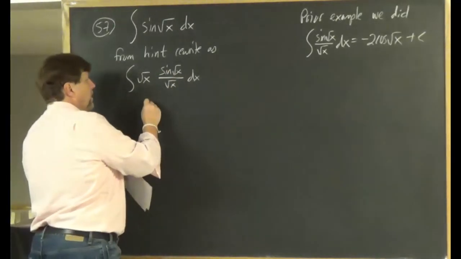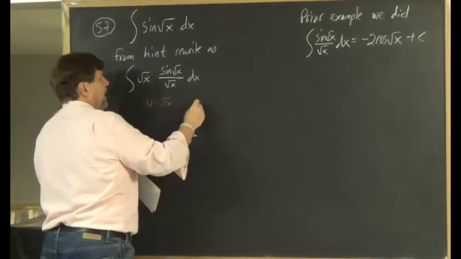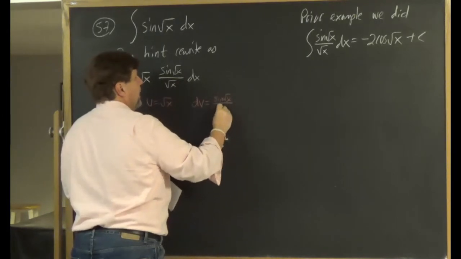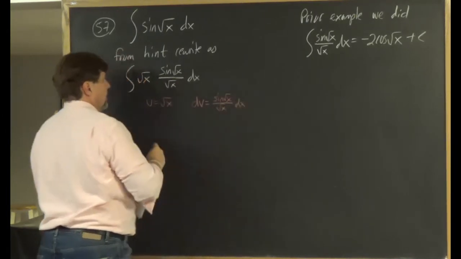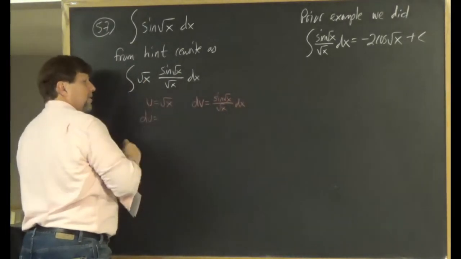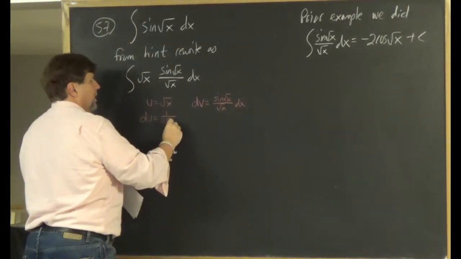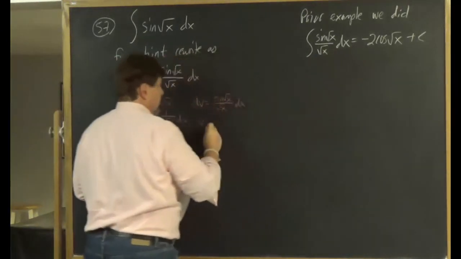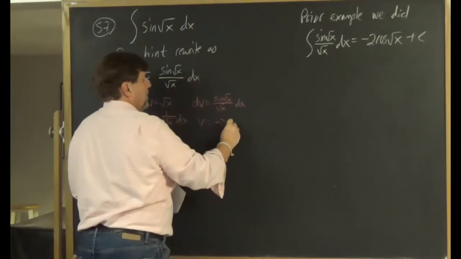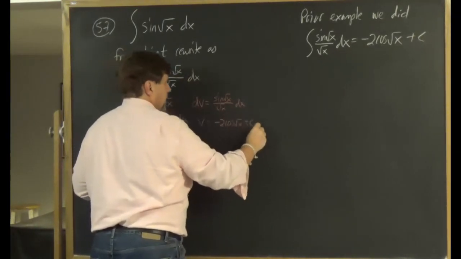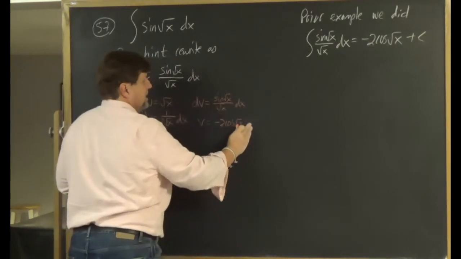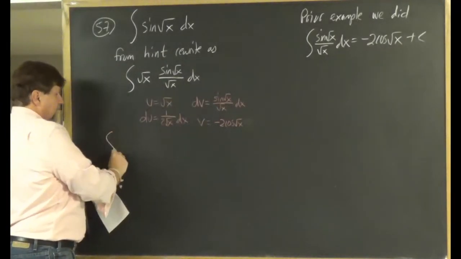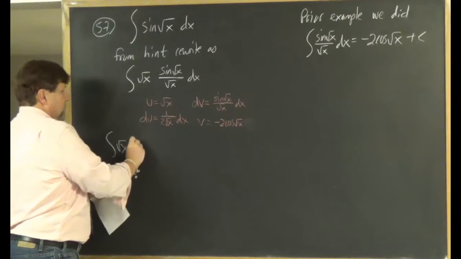If I let u equal square root x and dv equal sine square root x over square root x dx, we know du is 1 over 2 square root x dx. We also know what v is. We've already done it. So we know v is negative 2 cosine square root x. I'm not even going to put the plus c on. Integration by parts, I'll save the plus c for later. So I can now crank this through integration by parts.